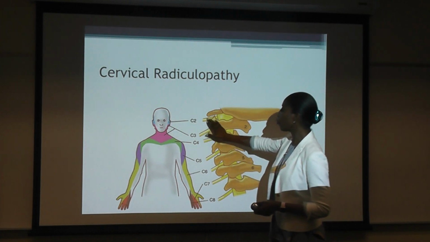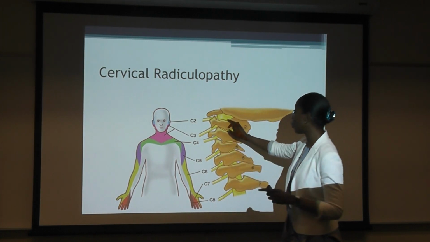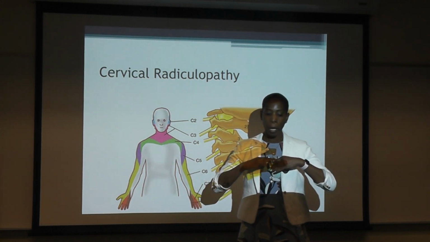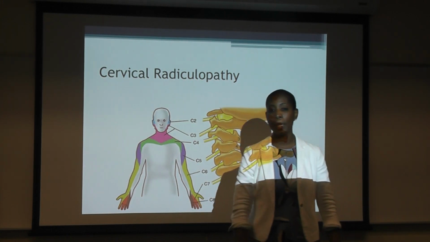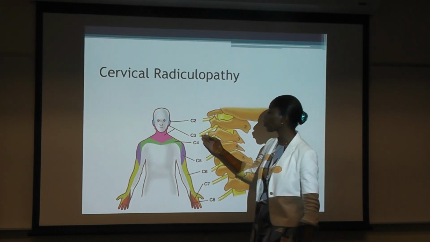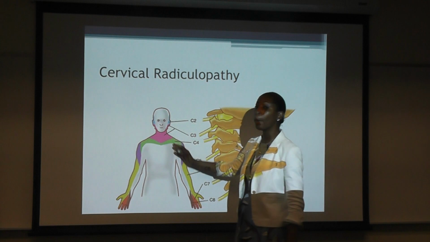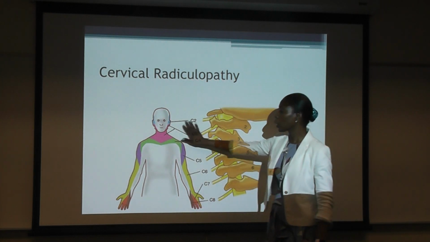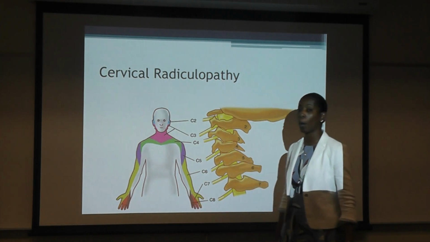Now, a nerve root compression is different than a spinal cord compression. A spinal cord compression will give you absence or decreased ability below the lesion. The nerve root compression will actually just give you restriction on the muscle that's being innervated by that nerve root, okay? And this is looking at nerve root compression.